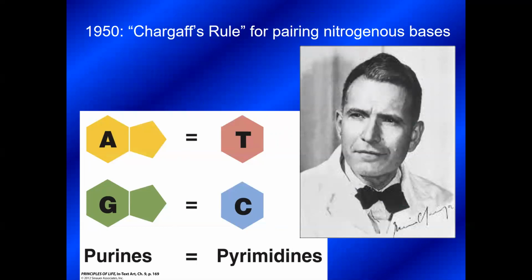However, with the rise of the Nazi Party, Erwin Chargaff was forced to resign because he was Jewish. And as a result, to escape persecution, he fled Germany and left for Columbia University here in the United States shortly before World War II.